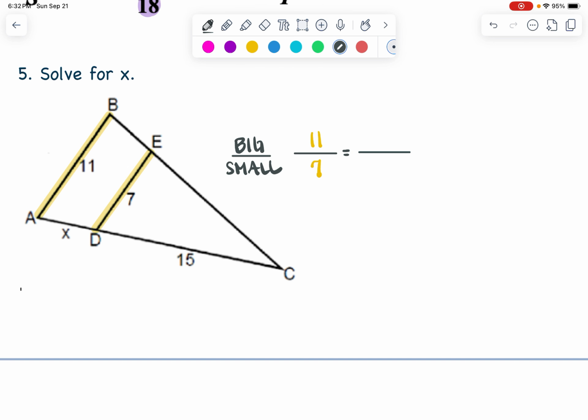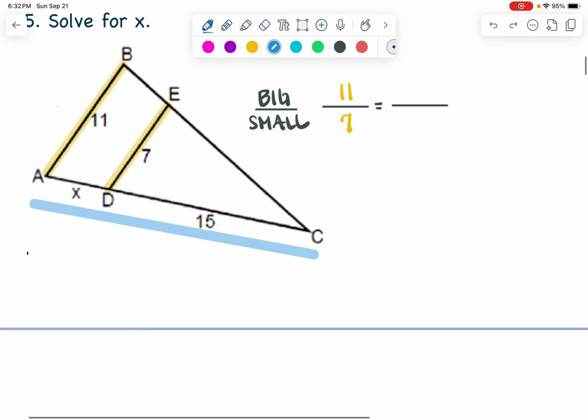So now, if I'm doing big to small, let's go to the other side that was given to us, all right? So big would be this whole side, right? Please remember, this x is useless to me as just an x because he's a partial side of that triangle. So in order to get the whole thing, we're going to use the good old segment addition postulate from the very first week of our class, right?